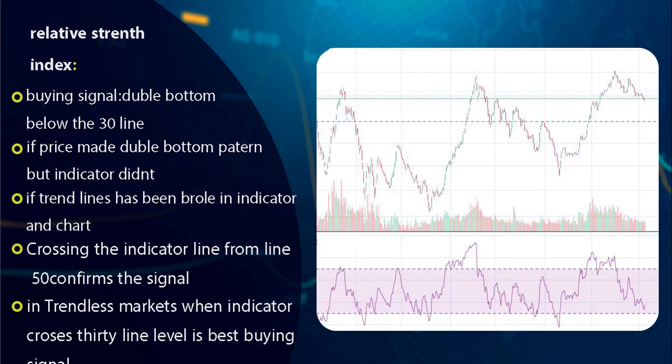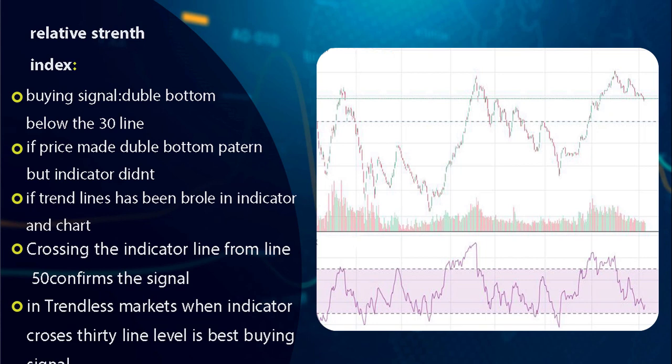The other buying signal that we can get from this indicator is when... a key point that we should pay attention to is that support lines and resistance lines work in this indicator.